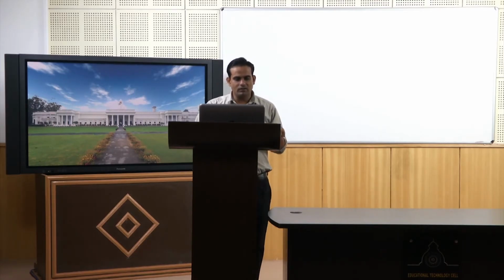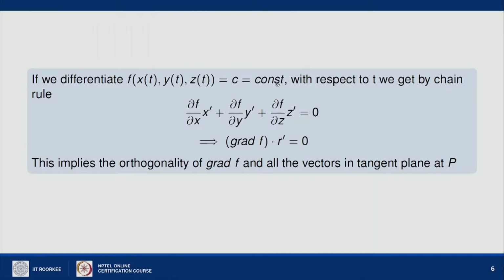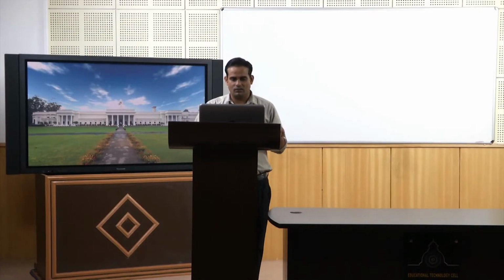As I told you, the surface is given as f of x of t, y of t, z of t equals c, that is the constant. Now differentiate it with respect to t by chain rule. So, del f over del x into dx over dt plus del f over del y into dy over dt plus del f over del z into dz over dt equals 0.